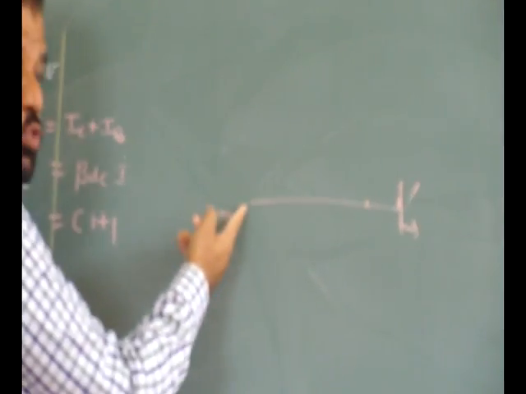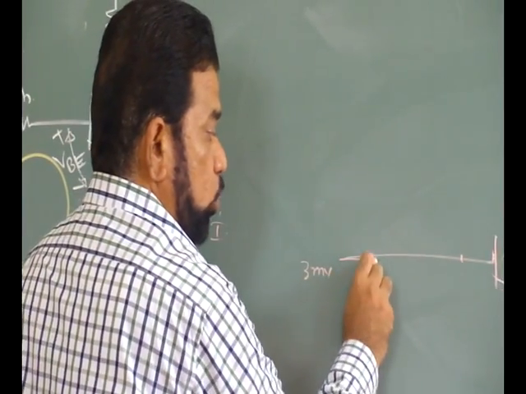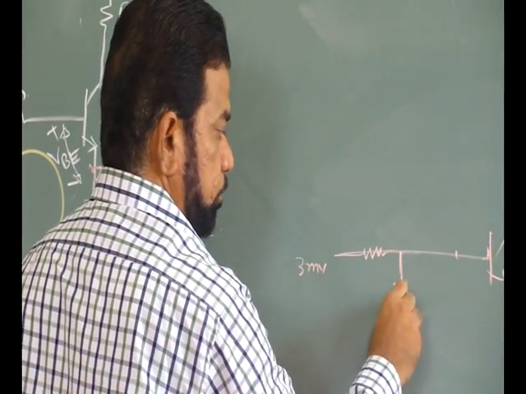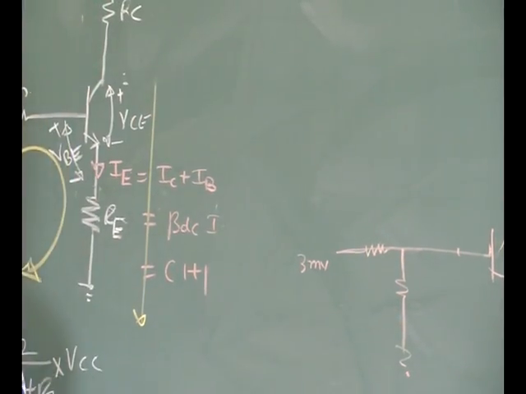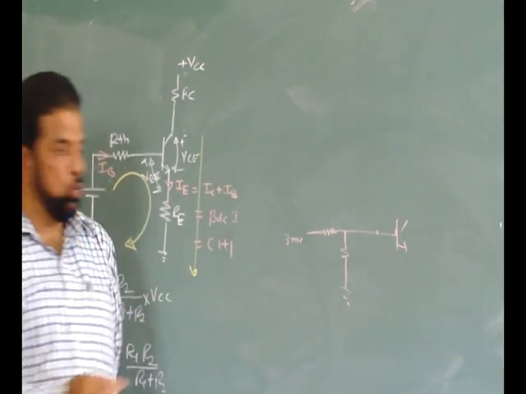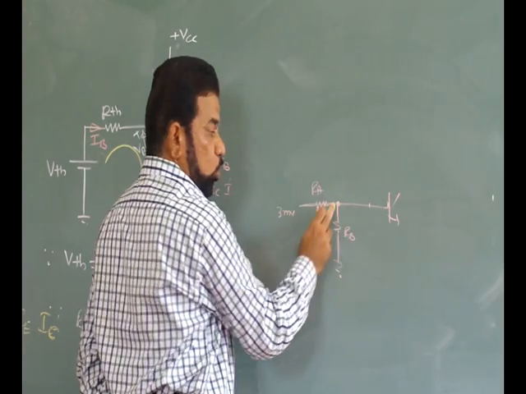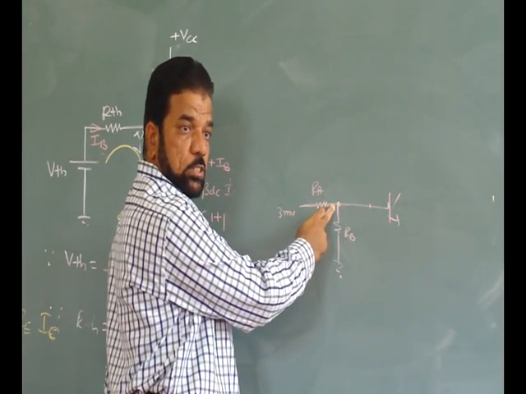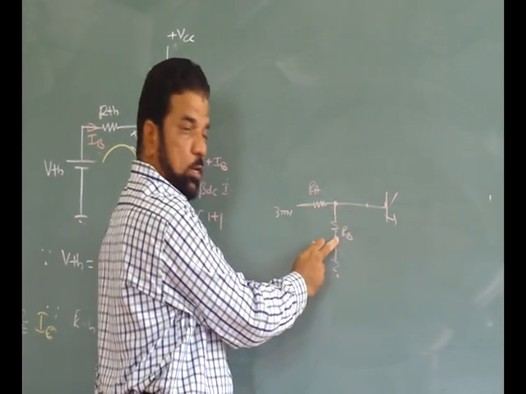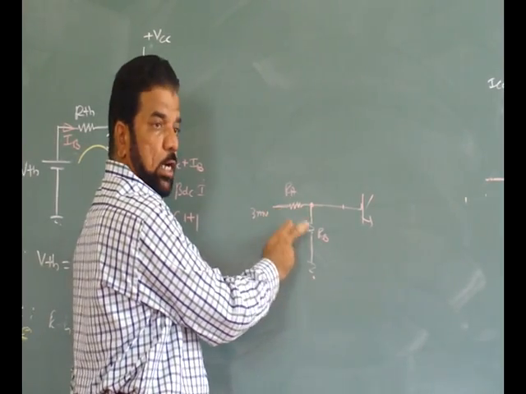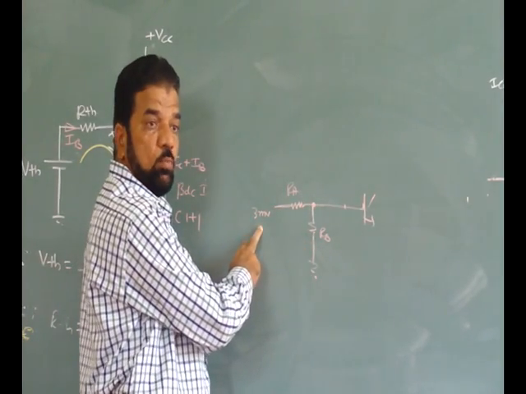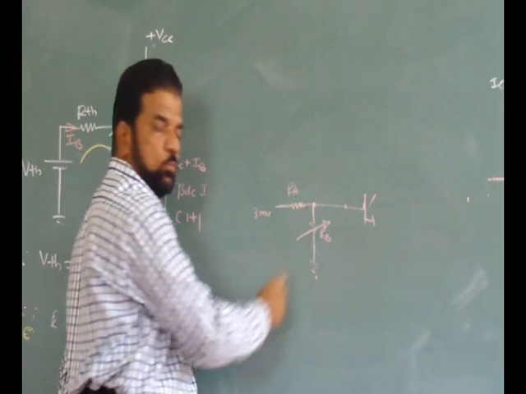Instead of giving this 3 millivolt directly, here I can use a voltage divider network. Right? So if I use say RA and RB here, then whatever this voltage is, I can adjust. कितना voltage के लिए? RB divided by RA plus RB into 3 millivolt. Then here I will place the pot.